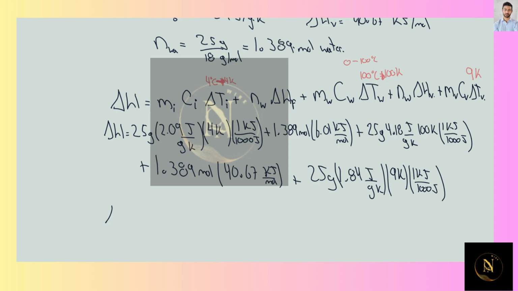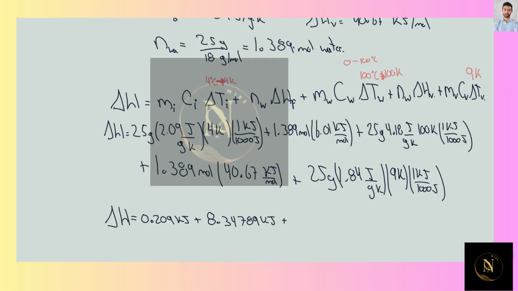Just for sake of completion, let's calculate all of the terms and then we're going to add them up. The first term in our equation is going to be 0.209 kilojoules. The next term is going to be 8.34789 kilojoules.